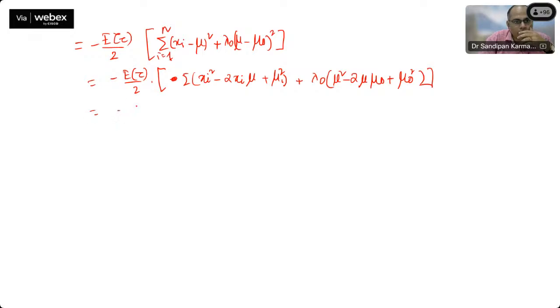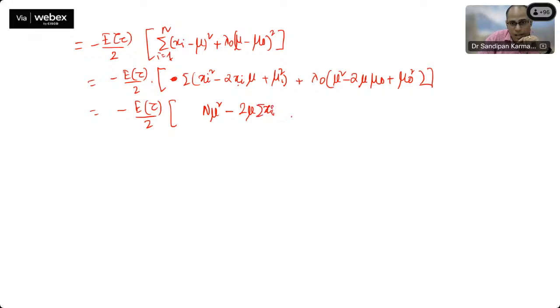So minus E of tau by 2. Then summation of xi square is not needed. Now 2 into mu into xi is needed. Then mu square: summation of mu square gives summation of 1, that is the number of observations, so it will be n mu square minus 2 into mu into summation of xi.